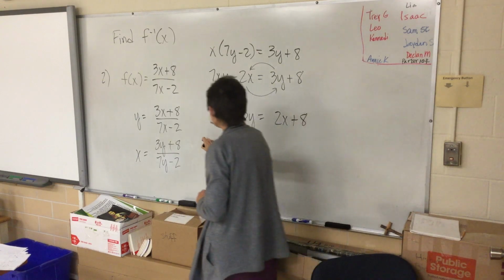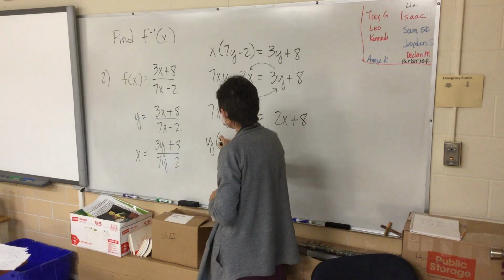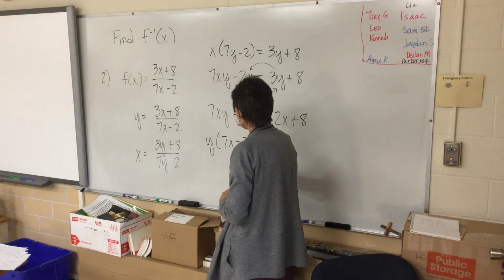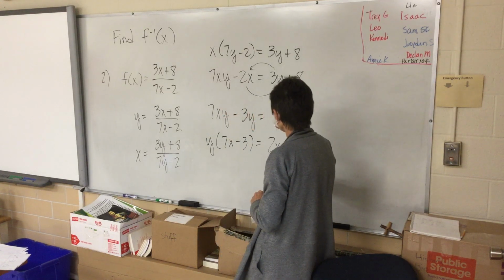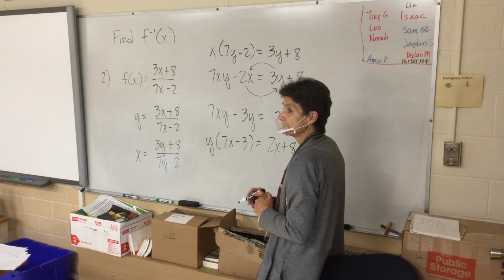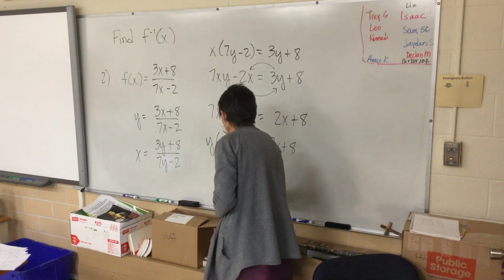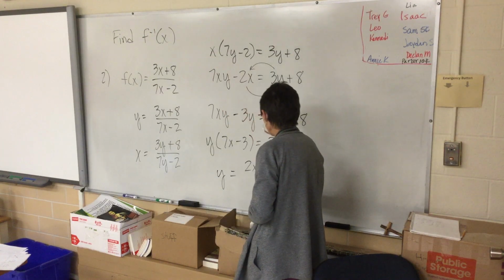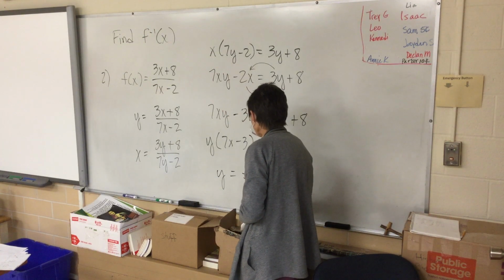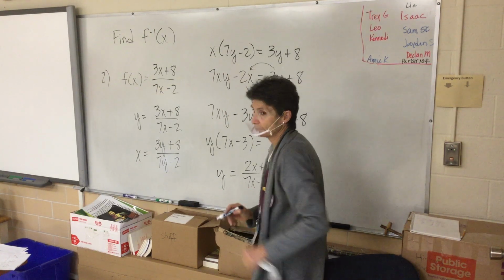Now we can take the y's out, and that will leave us with 7x - 3. And then we divide by the parentheses, so we have (2x + 8)/(7x - 3).